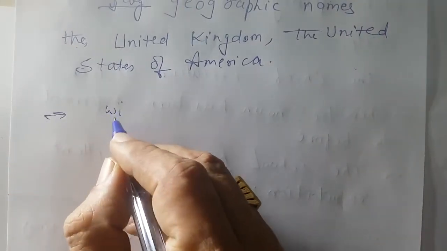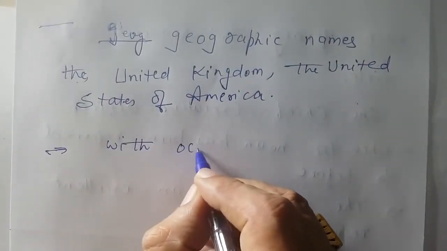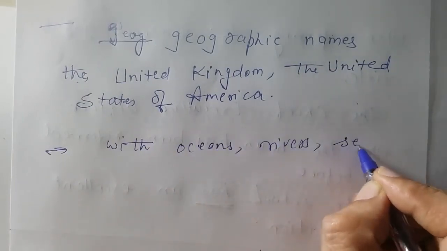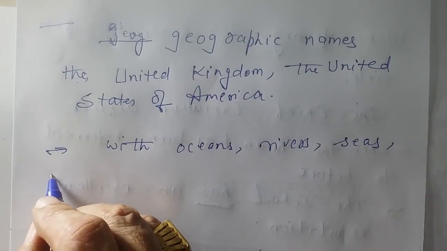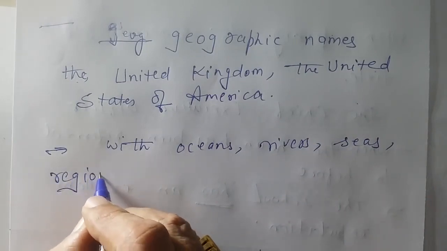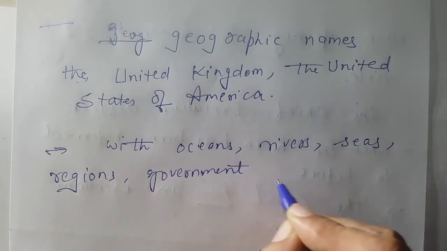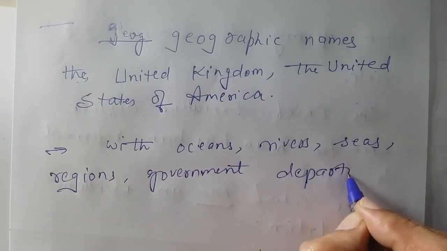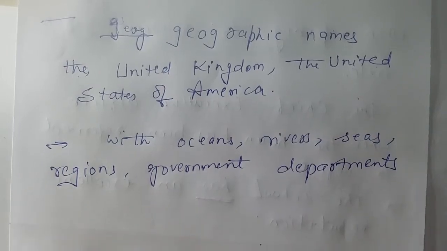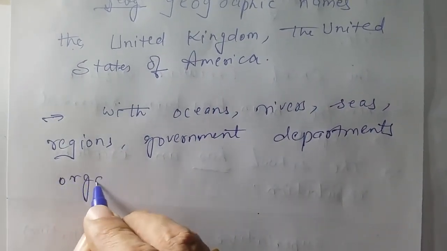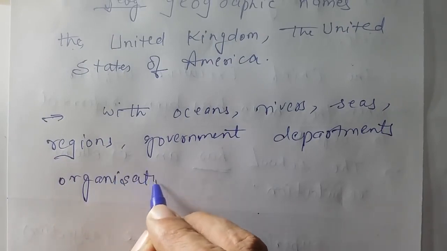Next come oceans, then come rivers, then your seas, then come your regions, government departments. So please remember, especially for the writing people also, sometimes they have to write letters to concerned authorities also.